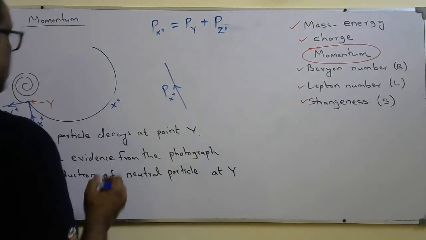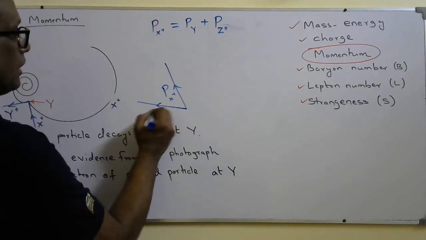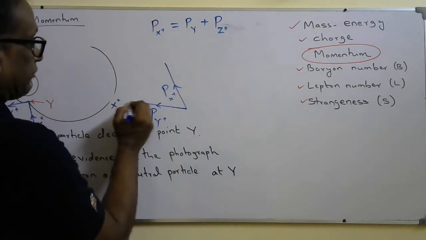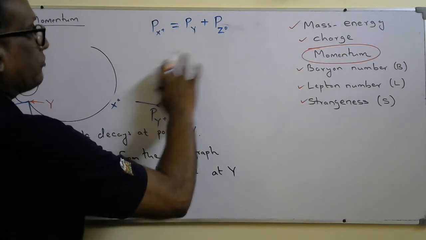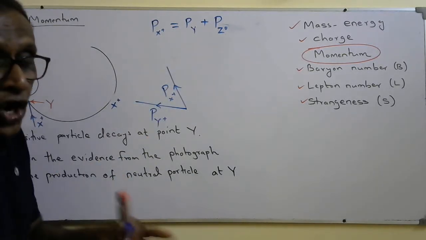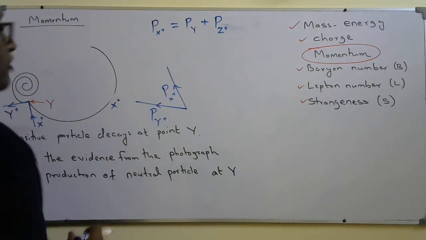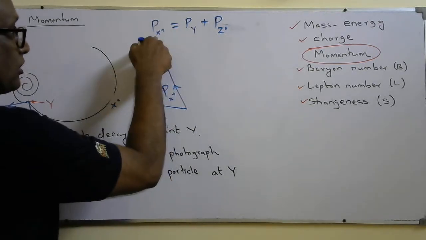So that means momentum of y should be something like this. This is the momentum of y. So z, if I know the momentum of these two values, I can say the momentum of z, where it would have gone, the neutral particle, which direction it went, also I can find from the vector diagram. So the addition of the momentum of these two must be equal to this one.